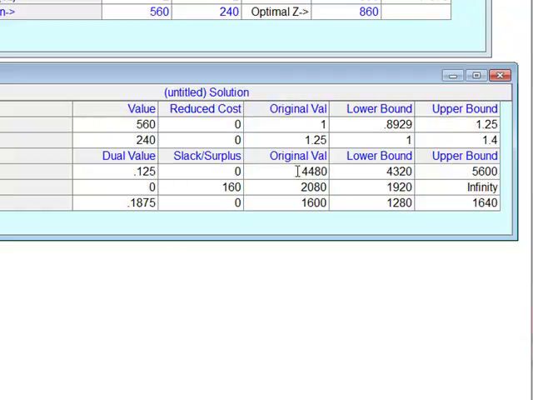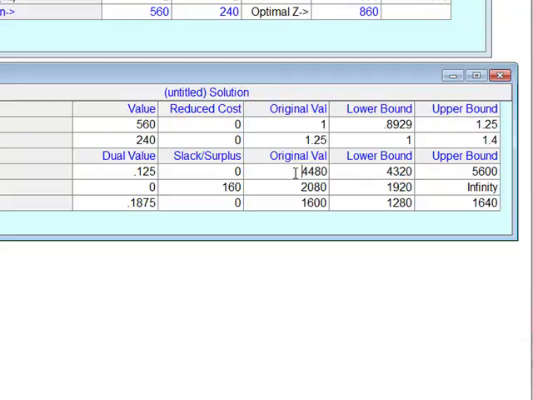If I have 100 ounces less, that would make this value 4,380. Oh no, I'm still going to be within the range.